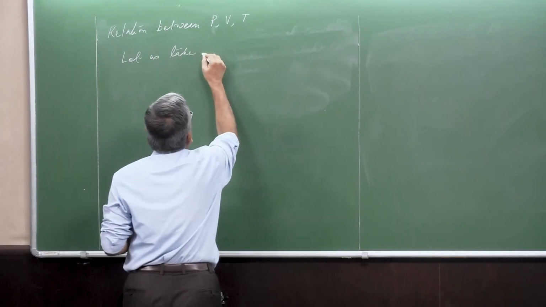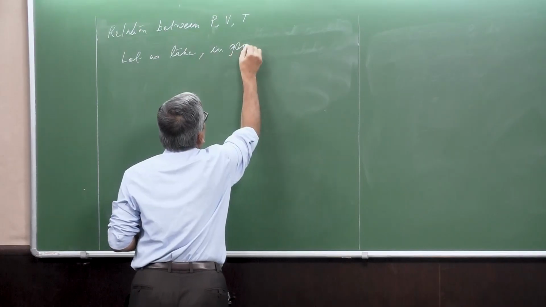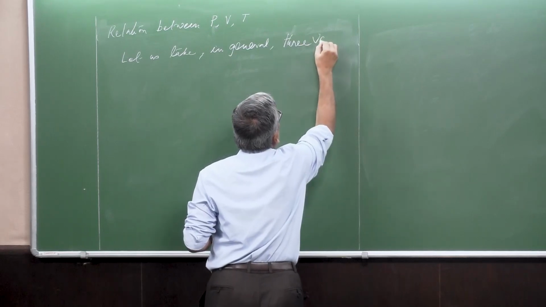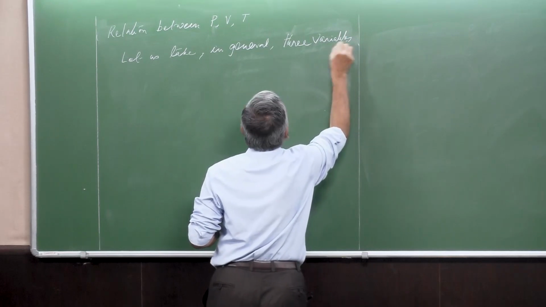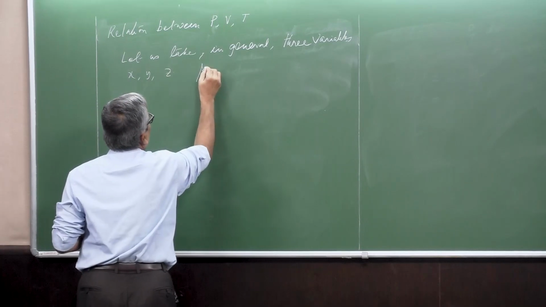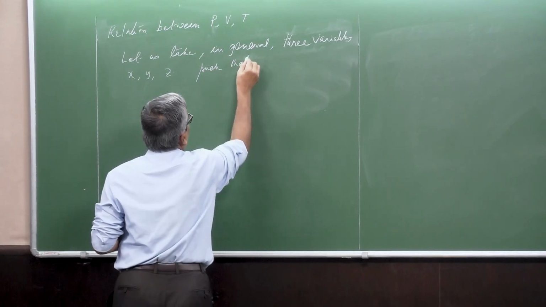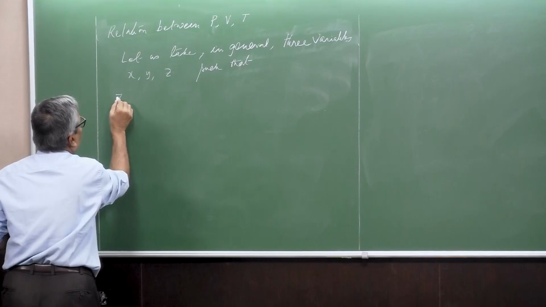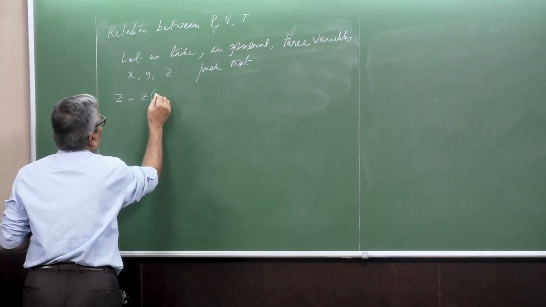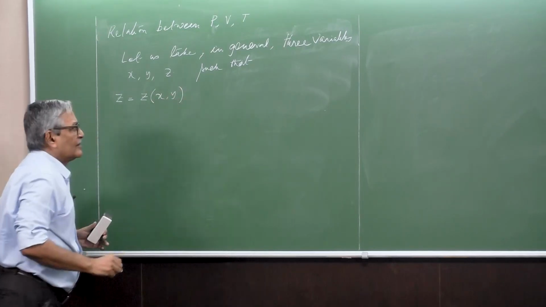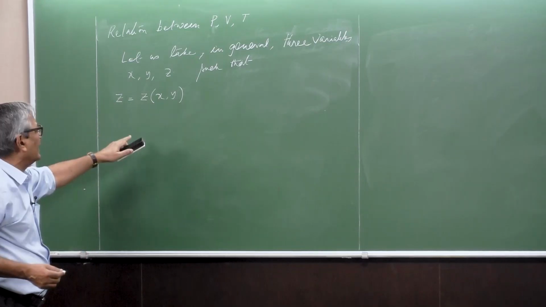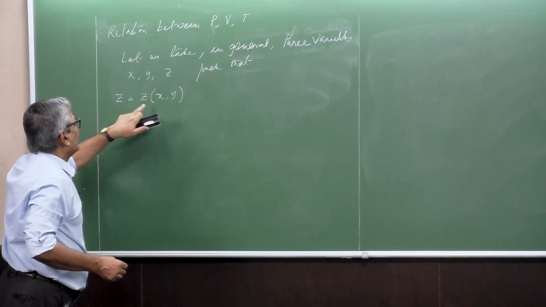So let us take in general x, y, z such that z is a function of x and y. If this is so, correspondingly I can write x as a function of y and z and so on.